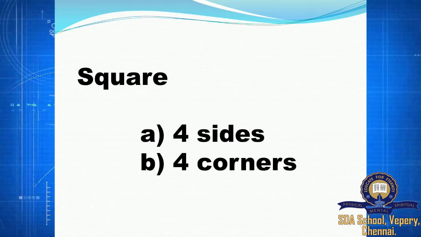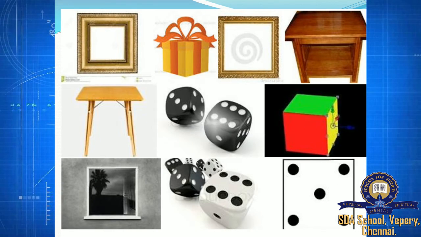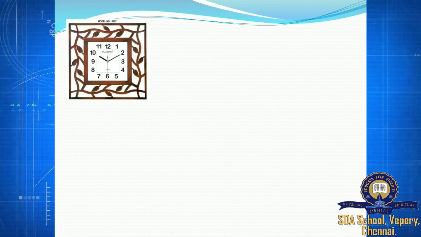Next, we will see some pictures related to square. Observe these pictures. Some objects are square in shape. Look around and search for square shapes in your home and show them to your parents.